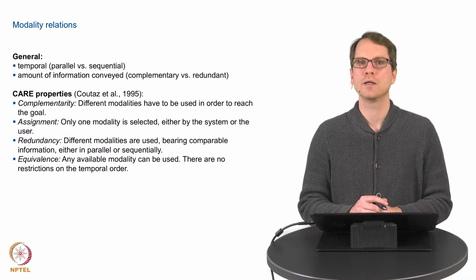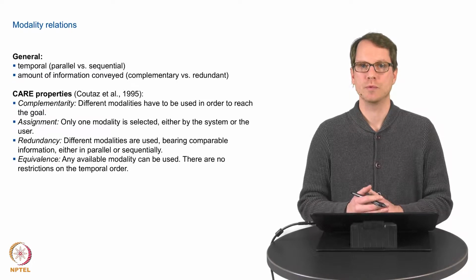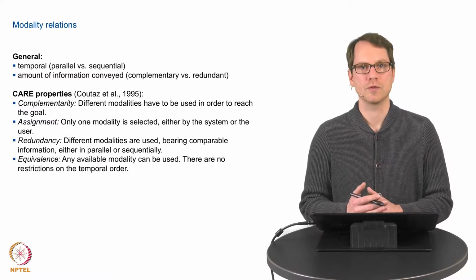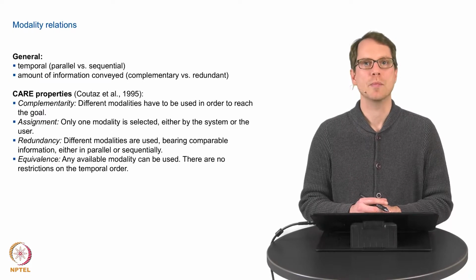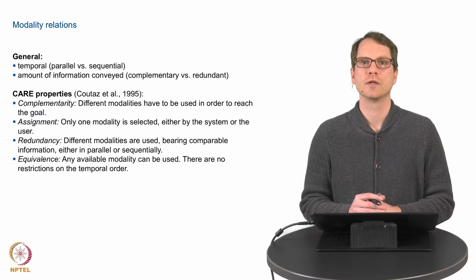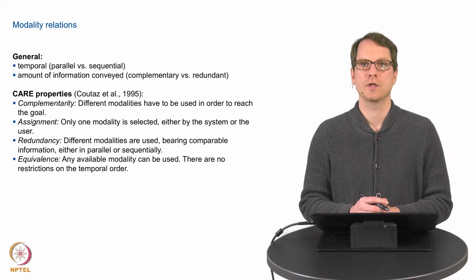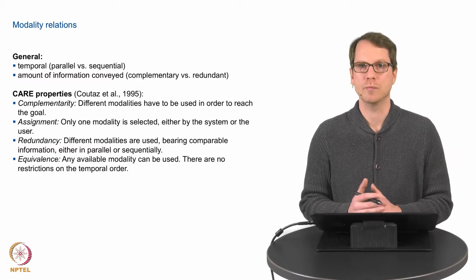With temporal domain, I'm speaking of the possibility of presenting information or using different modalities one after another in a sequential way or in parallel during the same time. The amount of information conveyed is referring to the information that may be redundant, or repeated on different modalities, or separated, and therefore not redundant but complementary.